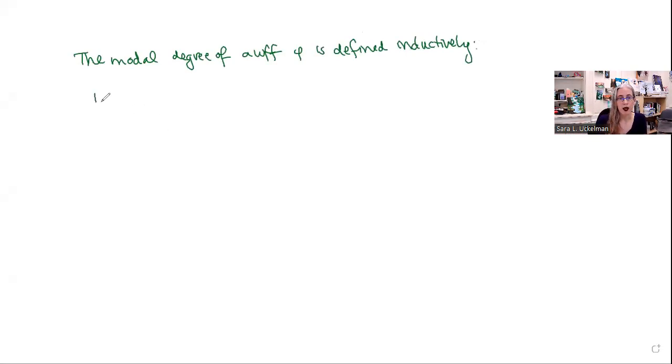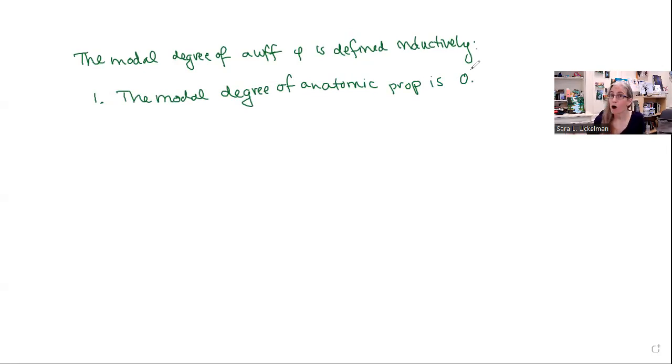So, point number one, the modal degree of an atomic proposition is 0, which makes sense because atomic propositions have no modalities in them, and modal degree is tracking the complexity of the modal part of the proposition. So that's all of our atomic propositions, completely non-modal, modal degree 0.